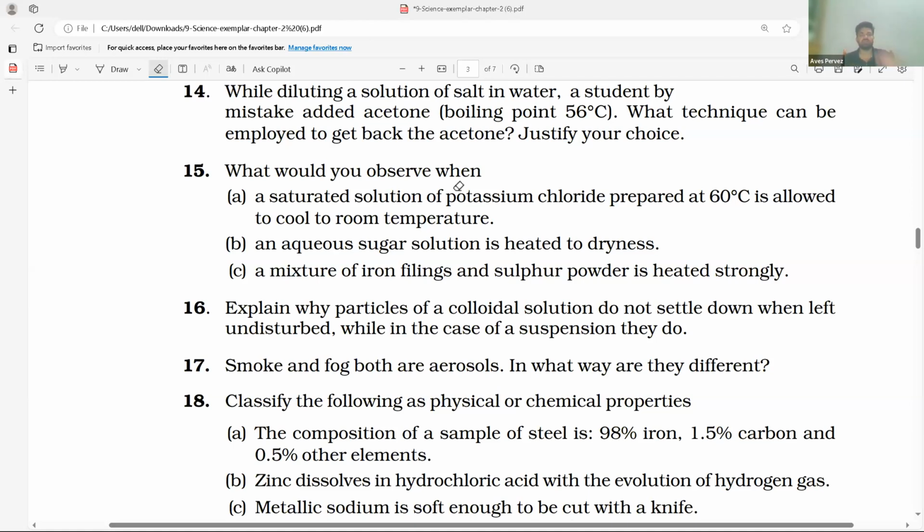Tell me in what way they are different? Smoke's dispersed phase is solid and fog's dispersed phase is liquid.